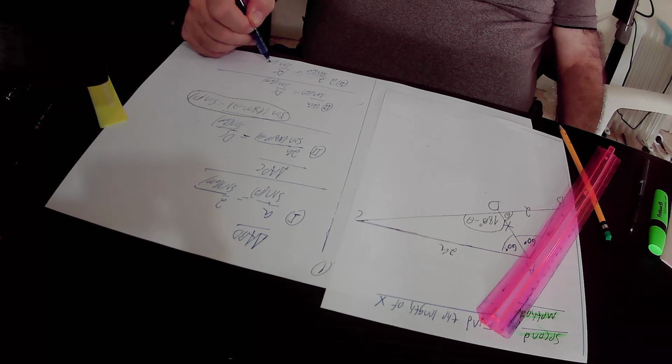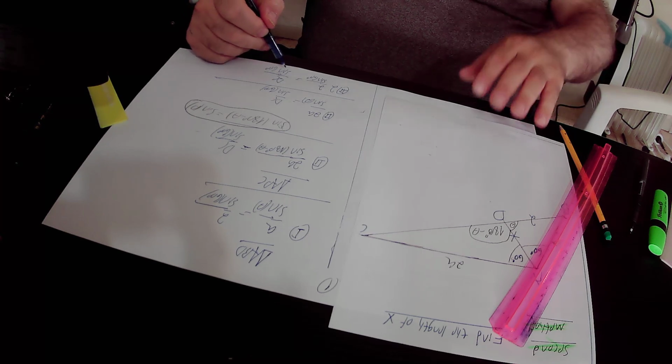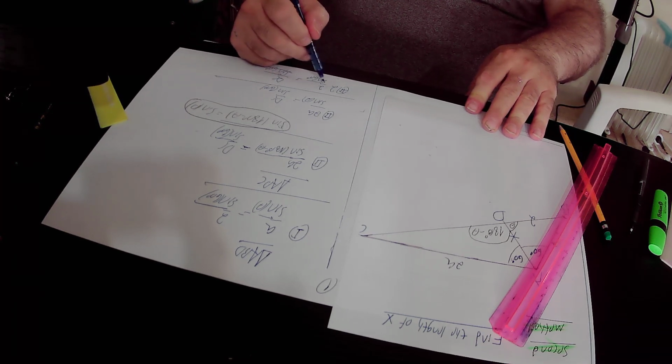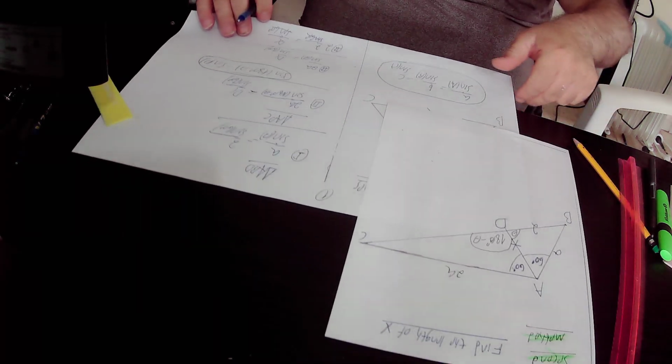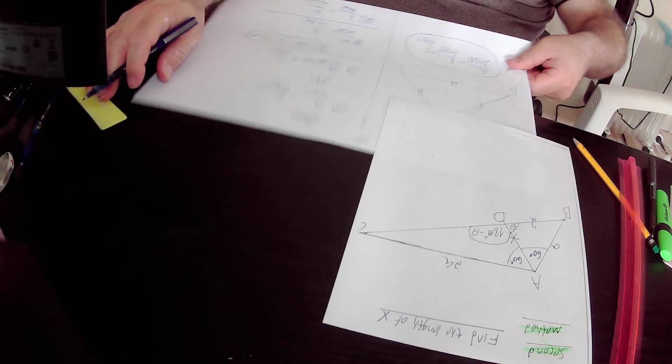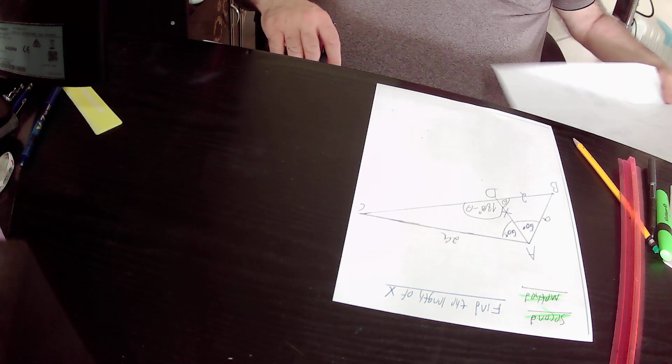Here we have sine of 60 degrees on both sides of the equation, so sine of 60 degrees will get cancelled. What is left from equation number 2 after we cancelled sine of 60 degrees?